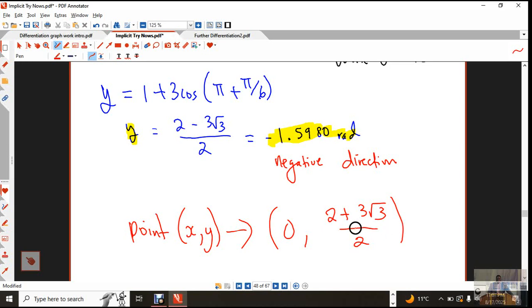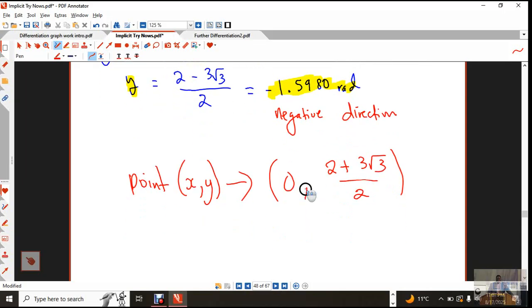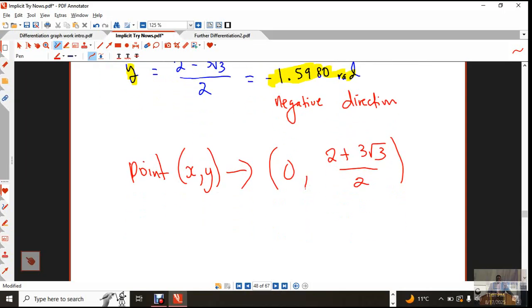What do we need to calculate? We need to calculate the gradient, where theta is equal to 0. So dy/dx when theta is equal to 0 becomes negative 3 over 8.